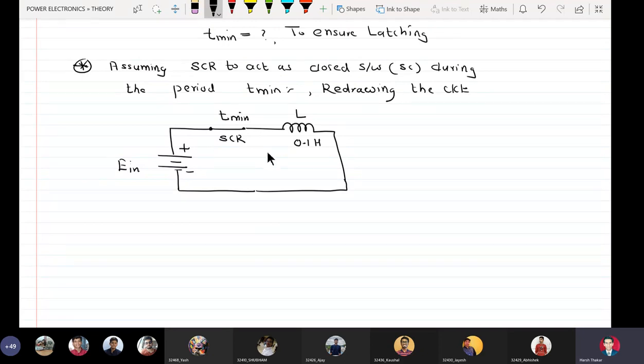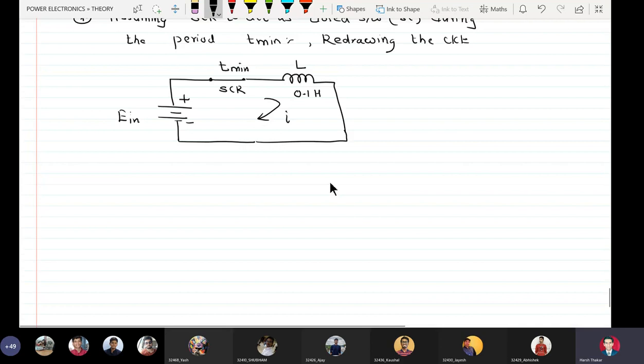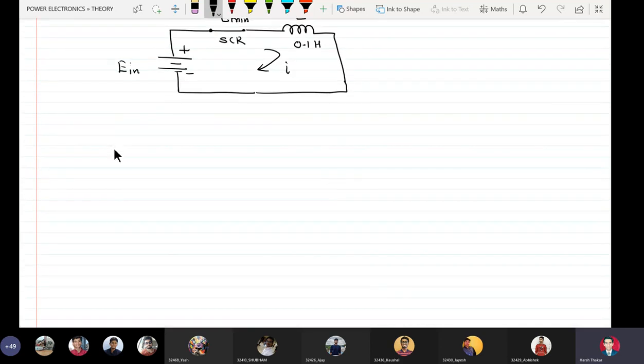So now current will flow here, and you know that this is a simple circuit wherein an inductor is driven by a source E in.